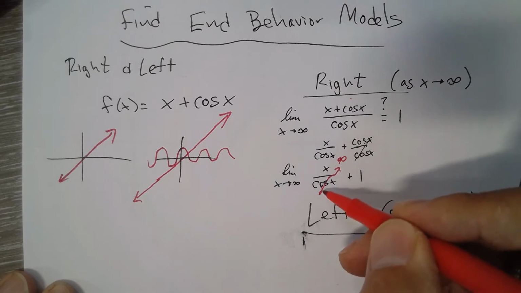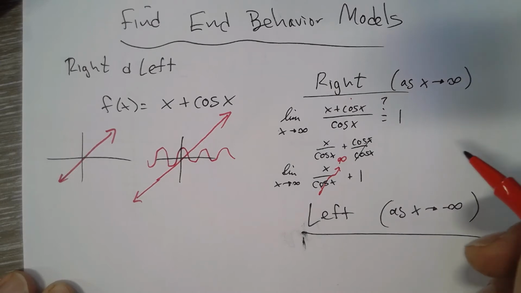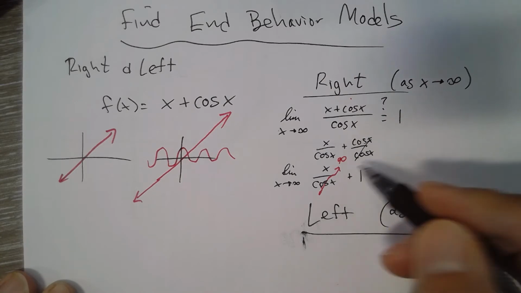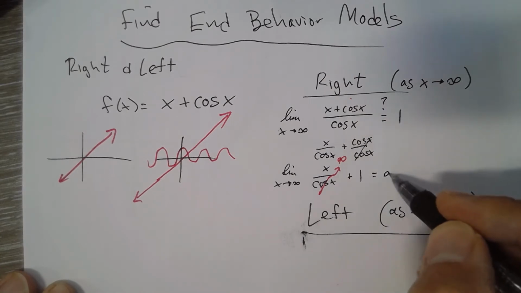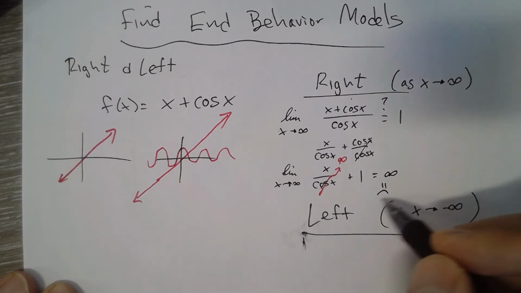If the higher one was on the bottom, then it would go to 0. It's either infinity or 0. So I get infinity plus 1, which is infinity. Well, that is not 1, so we're sad. We chose the wrong one.